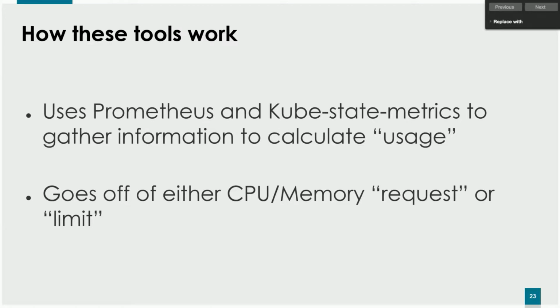So I was saying that the Carl Stoney tool uses Prometheus and Coop State Metrics, and even the commercial tools or Coop State Report go and talk to the Coop API to get this information. And it really uses this thing called the CPU memory request or limit parameter.